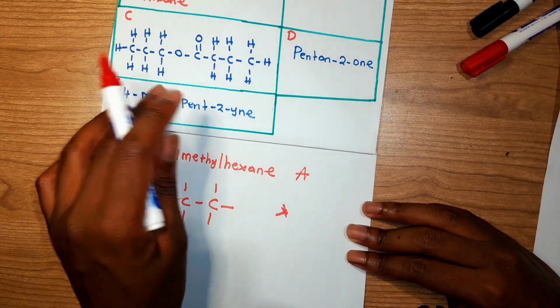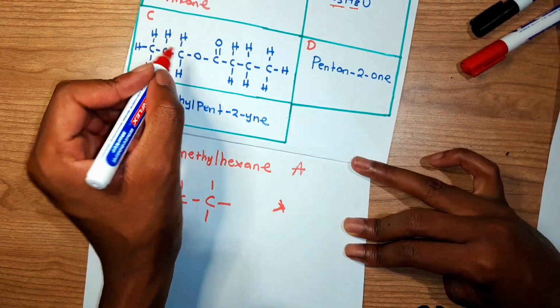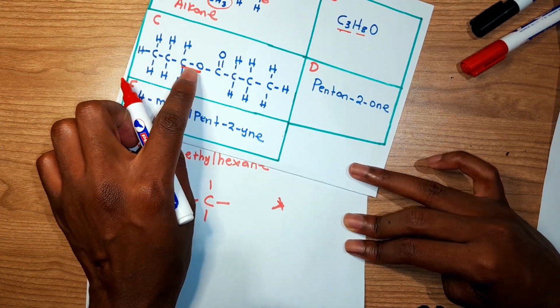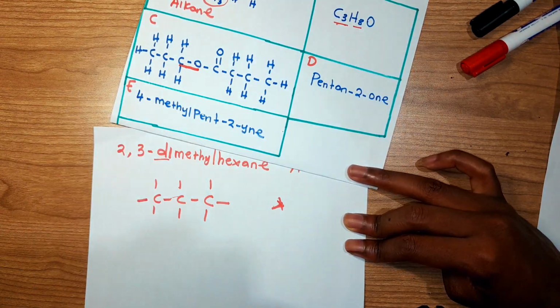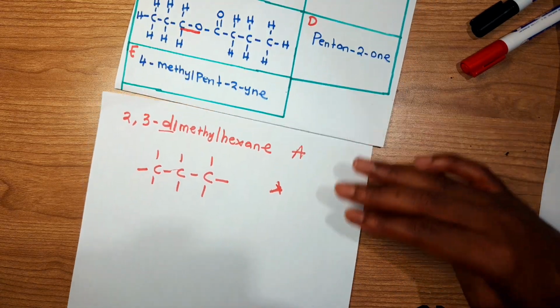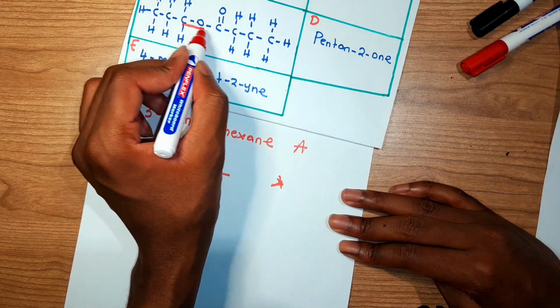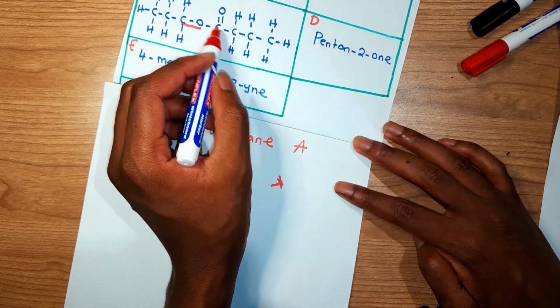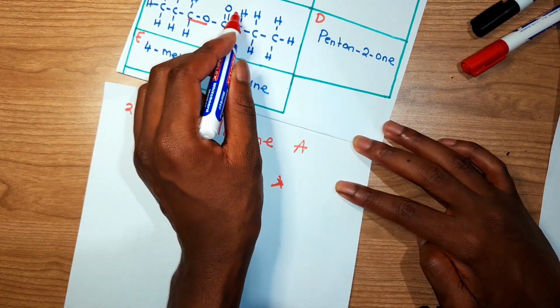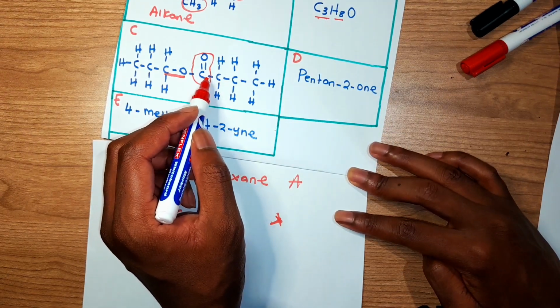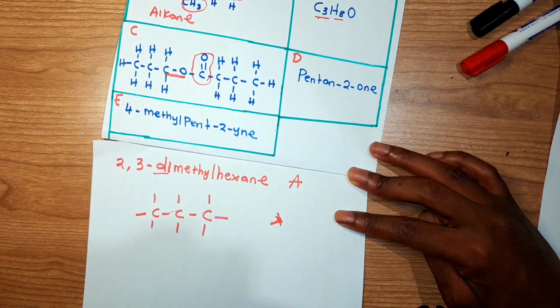Well, you need to know that the part that is branched with a carbon is actually an alcohol, and the part that is bonded in this manner is actually your carboxylic acid.